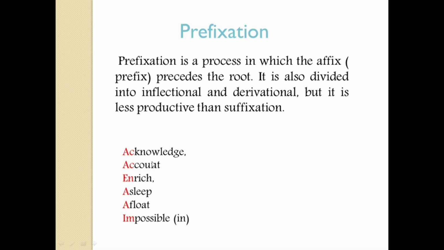So we have count, which is a verb, and then we have ac-. When adding this prefix to this verb, it becomes a noun. It nominalizes this verb. So we have to know these different changes that these prefixes, or affixes in general, bring about to the whole word. So this is as far as prefixation is concerned.